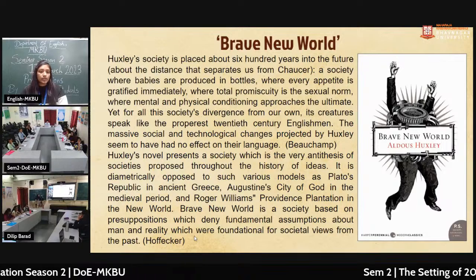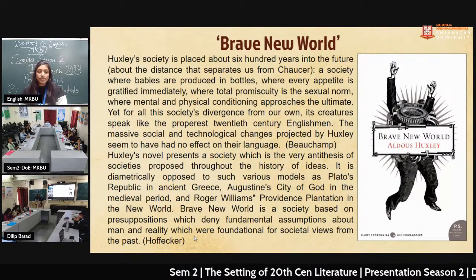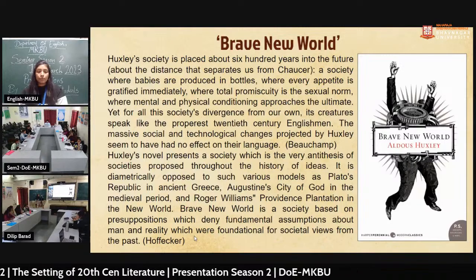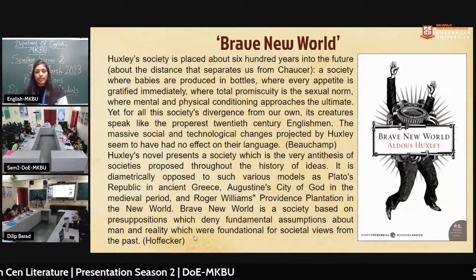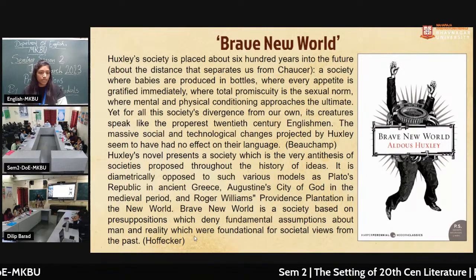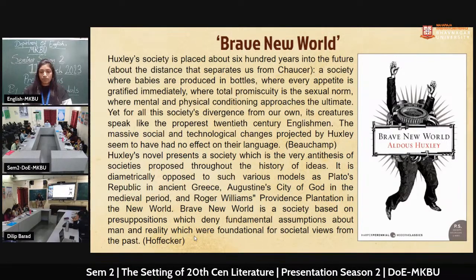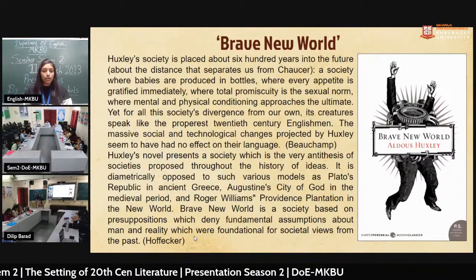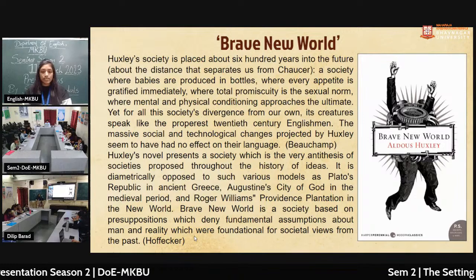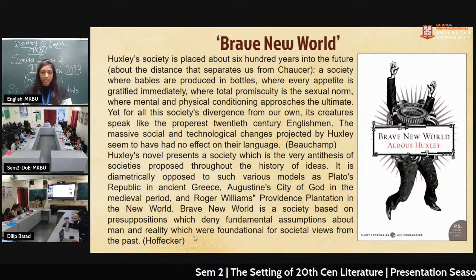Huxley's society is placed about 600 years into the future, a society where babies are produced in bottles, where every appetite is gratified immediately, where total promiscuity is the sexual norm, where mental and physical conditioning approaches the ultimate. And for all these divergences from our own society, its people speak like proper 20th century Englishmen. The massive social and technological changes projected by Huxley seem to have had no effect on their language.